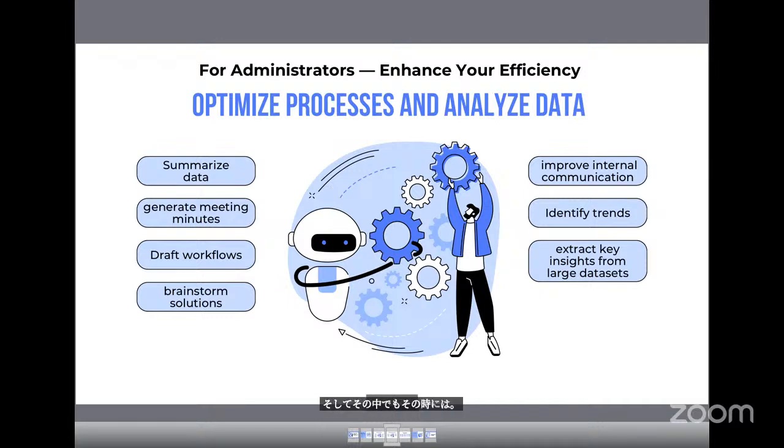For process optimization, brainstorm workflow improvements and draft procedural documents. And for data analysis, it can identify trends and extract key insights from complex reports. With AI handling these tasks, you can focus on strategic decision-making rather than manual work.